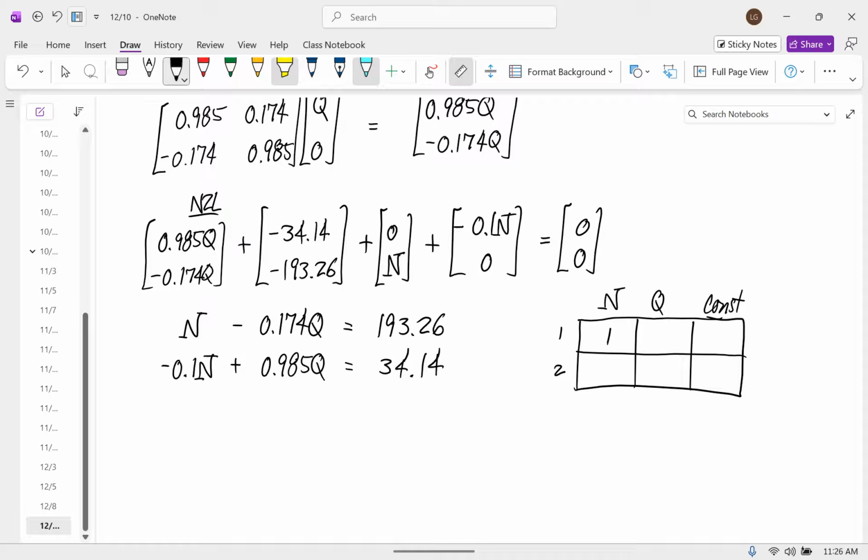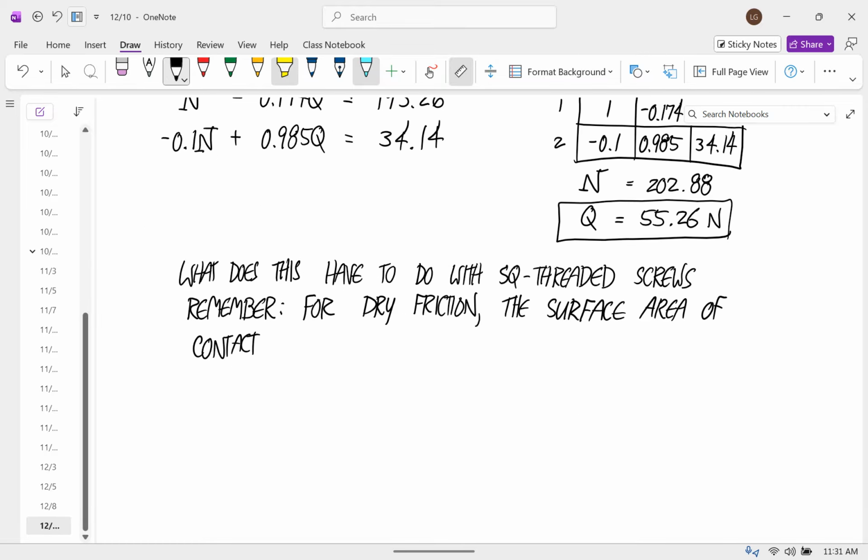For n, we have 1. For Q, we have negative 0.174. For the constant, we have 193.26. Then for the second equation, n, we have negative 0.1. Q, we have 0.985. Constant, we have 34.14.